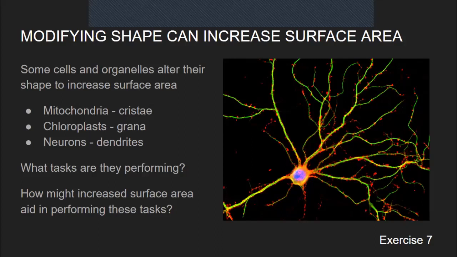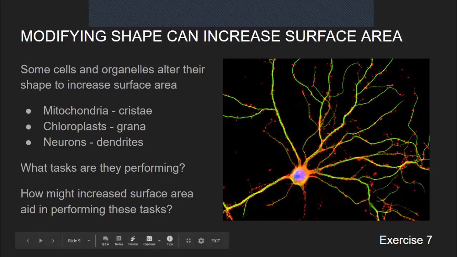Now, this isn't one you necessarily need to know, but it's another example I provide that shows you that this applies to the whole cell too, not just to the organelles. Your different cells that specialize to perform different jobs will sometimes have specializations that also increase the surface area of the whole cell. And that's very easily seen with neurons, because neurons have what we call dendrites, which, here's another image of a neuron I used here.